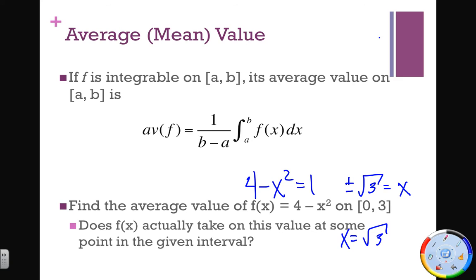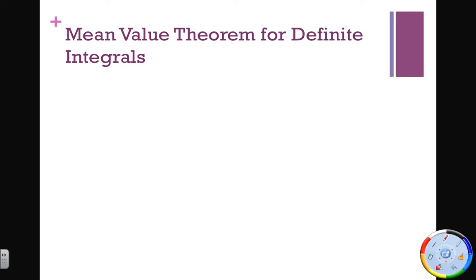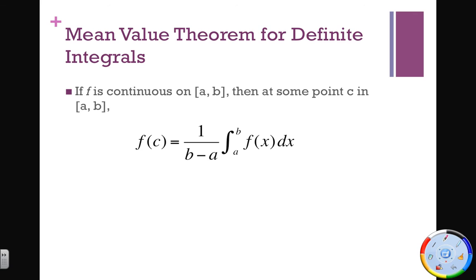And that actually leads us to the theorem for the mean value. So we have a mean value theorem for definite integrals, just like we had a mean value theorem for derivatives and continuous functions. So it basically says exactly what that last question stated. If f is continuous on a to b, then at some point c on that interval, f of c is equal to that average value.